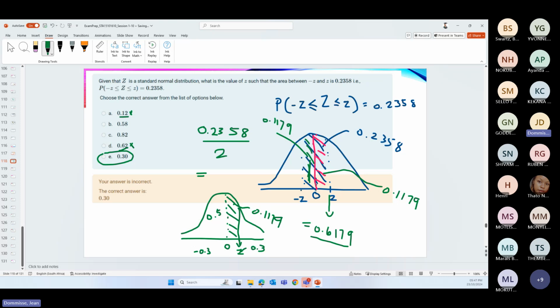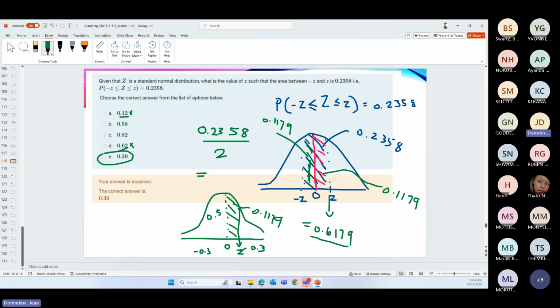But yeah, first they give us the area between the two Z's. So we know that we're only looking for these two values. Let me see if I can just, okay, it doesn't allow the pointer if I am not in presentation mode.